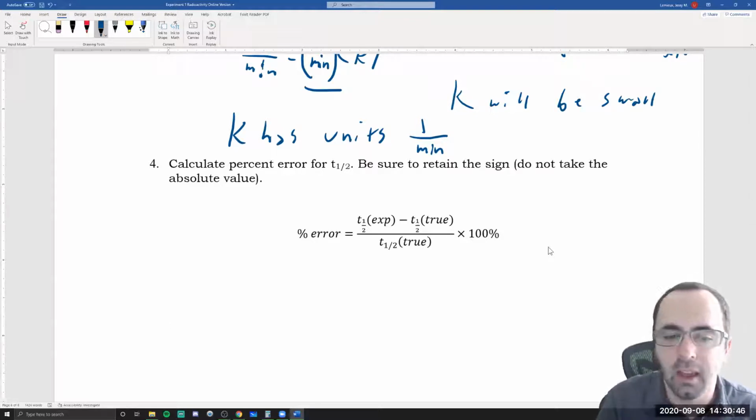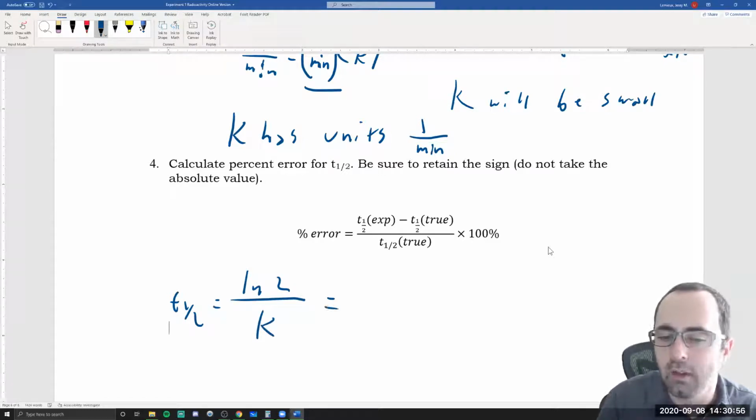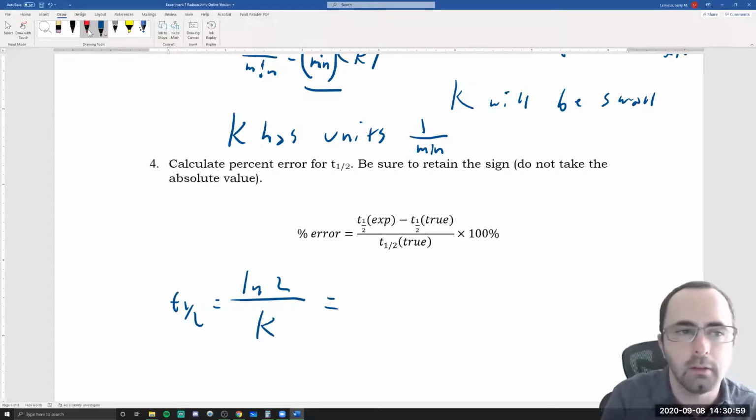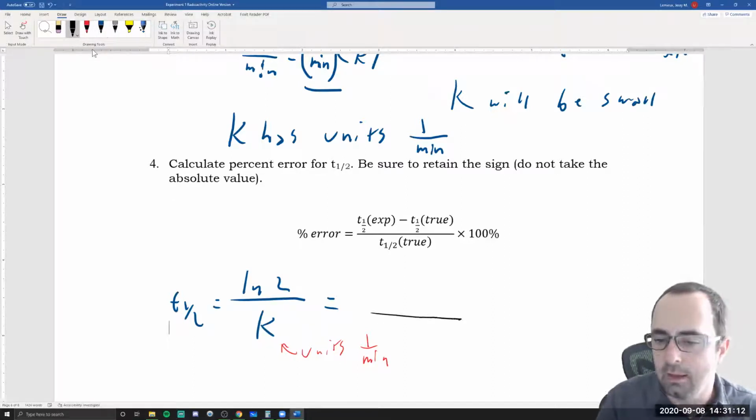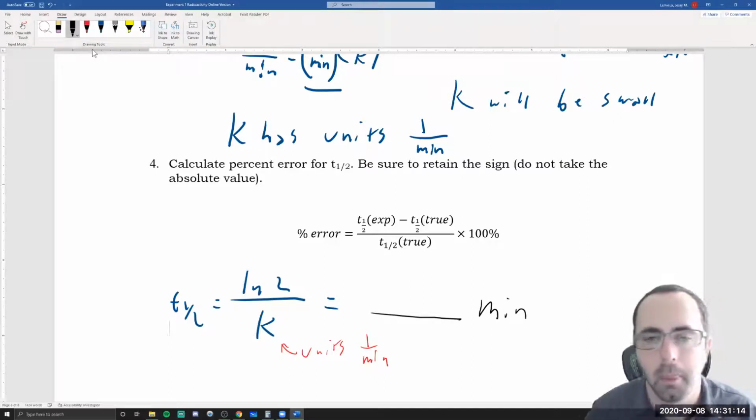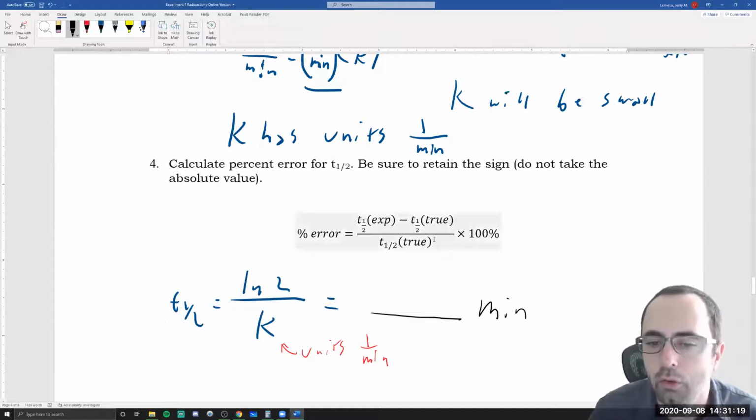Now we have a K. Remember that the half-life is going to be the natural log of 2 over K. But K right now has units of 1/minute, so our T1/2 is going to be some blank minutes. In order to compare this to the true value, let's go back and look at what the true value was.